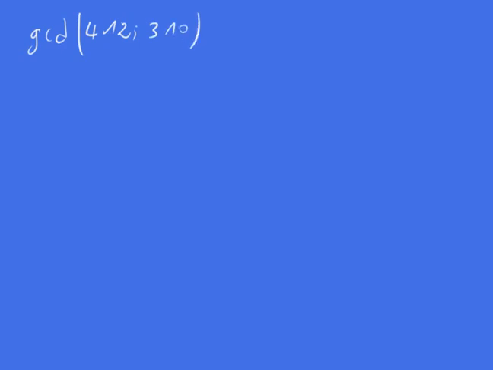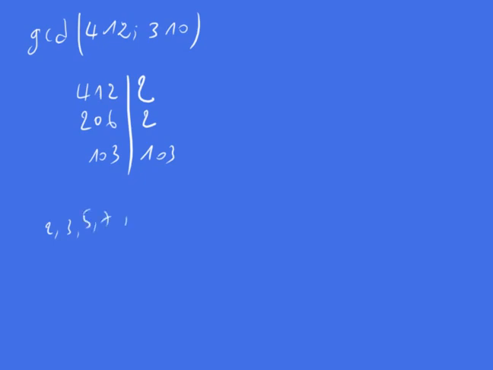We start with the first one. 412, we divide by 2 is 206, also by 2 is 103. I think 103 is a prime number, because the prime numbers whose square is less than 103 are 2, 3, 5, 7.